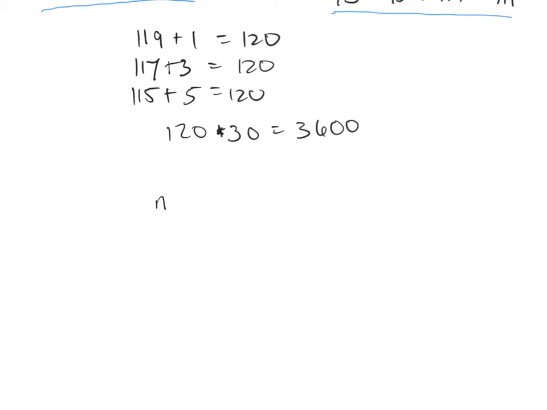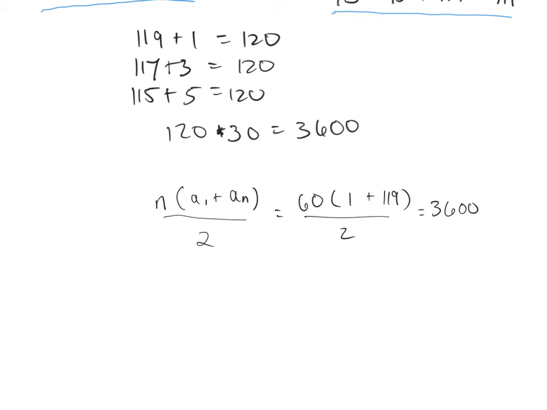Then we multiply by the first value, a sub 1, plus the very last value, a sub n, and we divide that by 2. In our case we have 60 integers, our first value is 1, our last value is 119, and we divide by 2, which is the same thing as 3600. Let me double check my math just to make sure, and it is 3600.